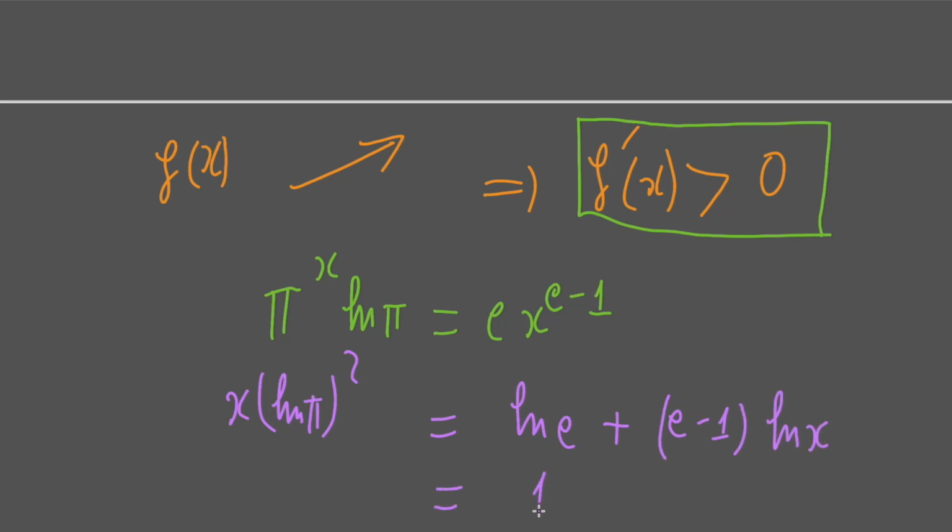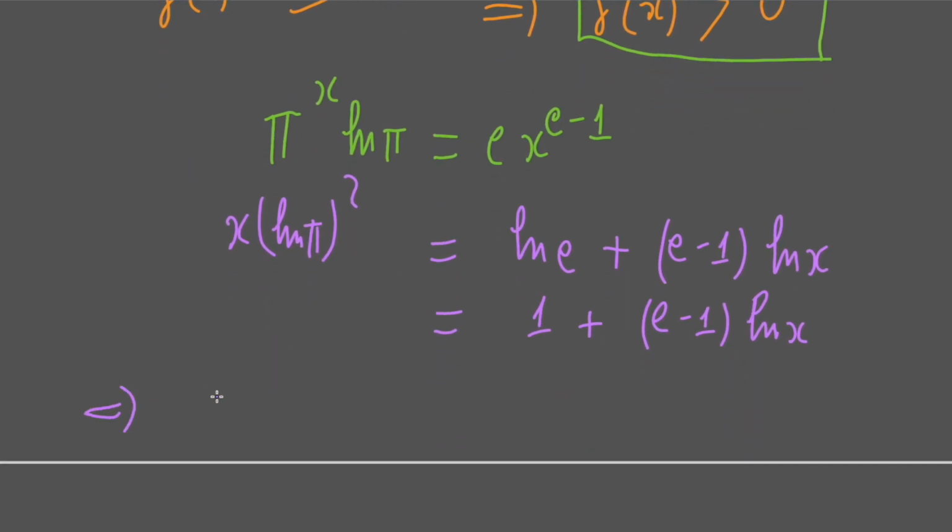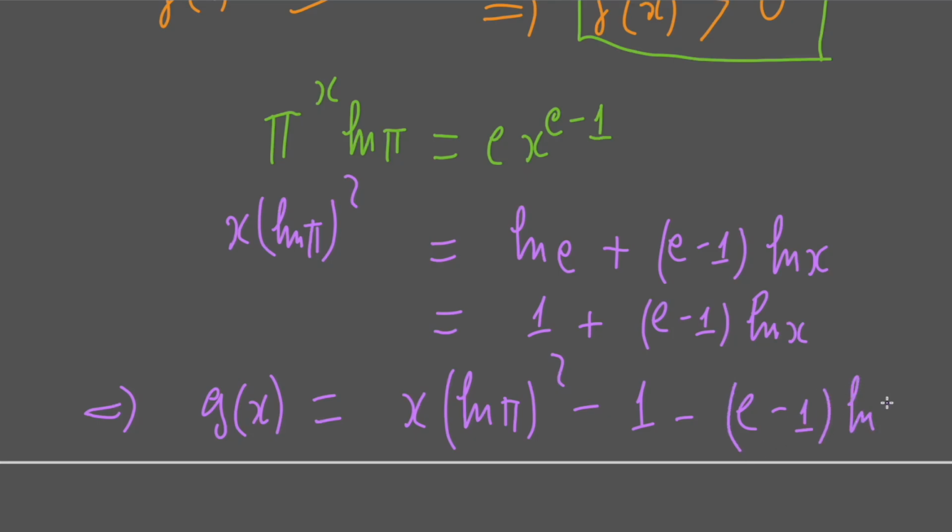Then it would be 1 plus (e minus 1) ln x. Then the next step is we put g(x) equal to x multiplied by ln pi minus 1 minus (e minus 1) multiplied by ln x.